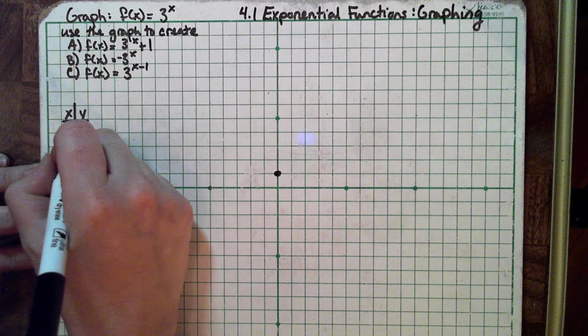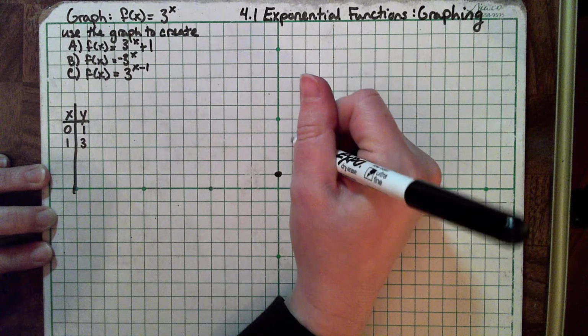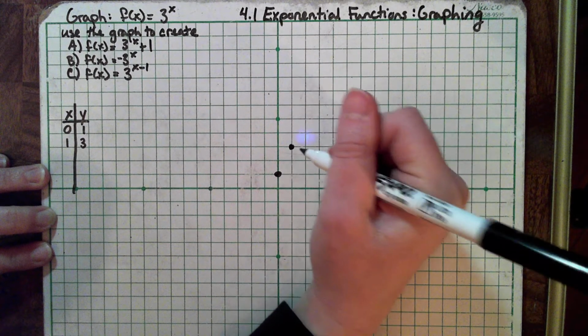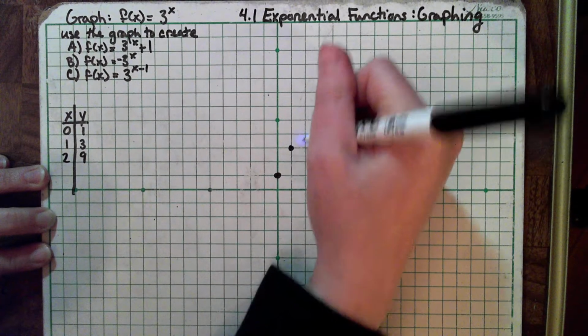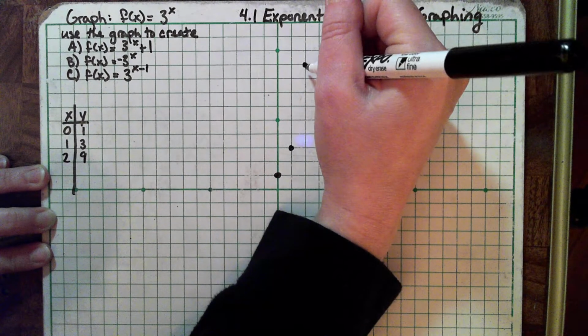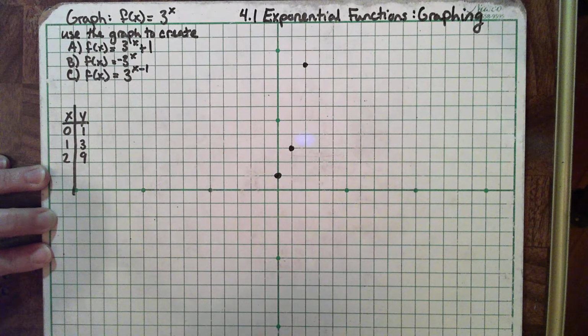Okay, 3 to the first power is 3. So I'll put a point up here at 3. 3 to the second power is 9. So I'll put a point up here at 9. And 3 to the third power is 27, which would be way off my graph. So I can't do 3 to the third.